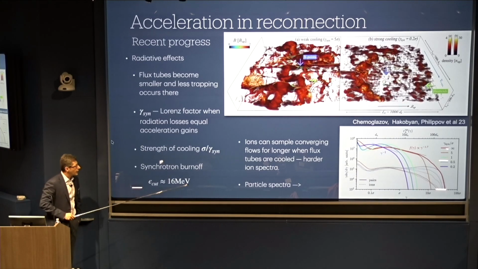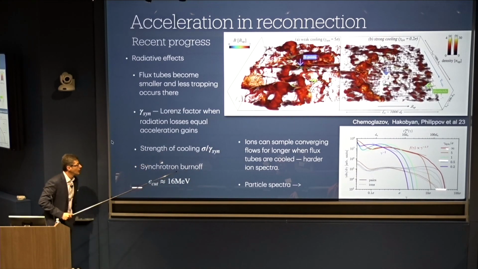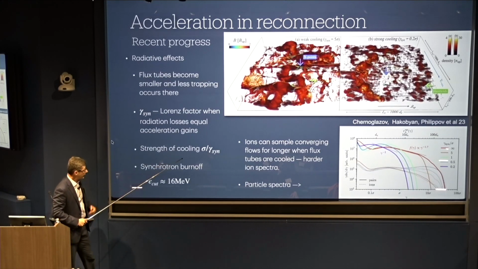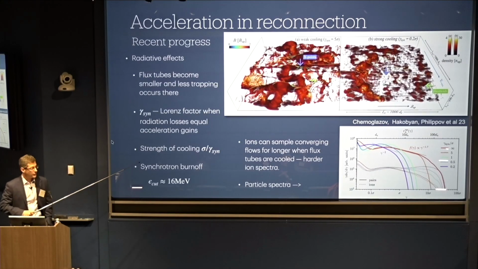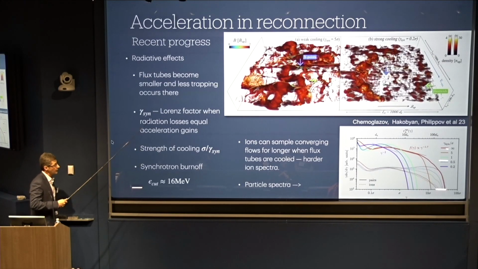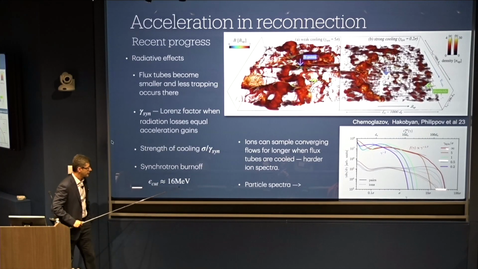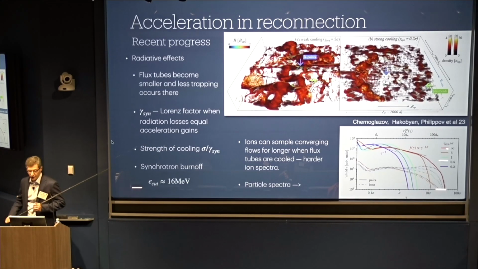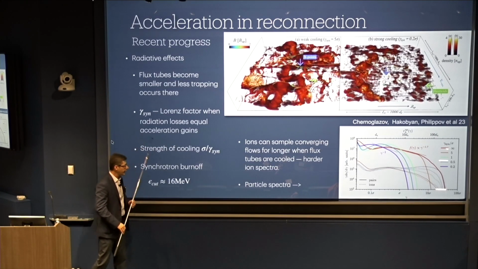What's also important with cooling is that there is this phenomenon of radiation burn-off, and that radiation burn-off limit predicts that the radiation from a very strongly cooling sheet should not extend beyond about 16 MeV in photon energy, because the particles are gaining energy at the rate that they're losing energy to radiation.